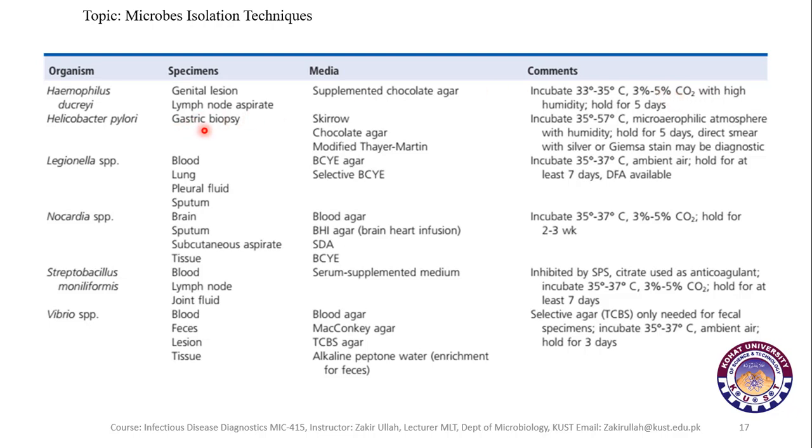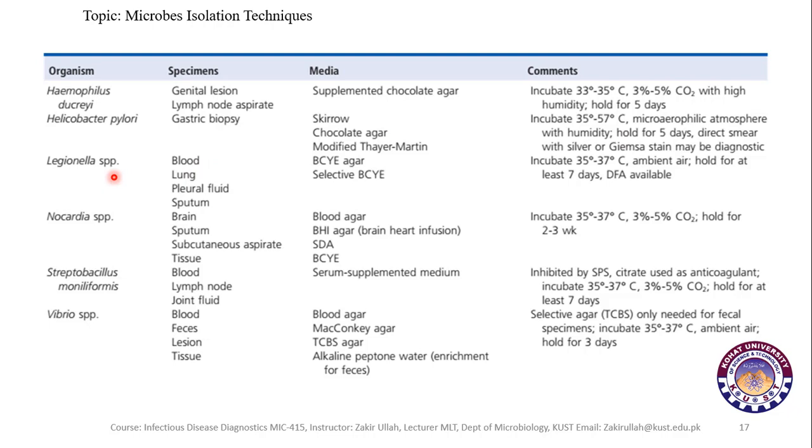H. pylori is isolated from gastric specimens, and the media used are Skirrow medium, chocolate agar, and modified Thayer-Martin agar. This is incubated at 35 to 37 degrees centigrade in a microaerophilic atmosphere, slightly humid, for up to 5 days, and a direct smear with silver or Giemsa stain may be a diagnostic feature.